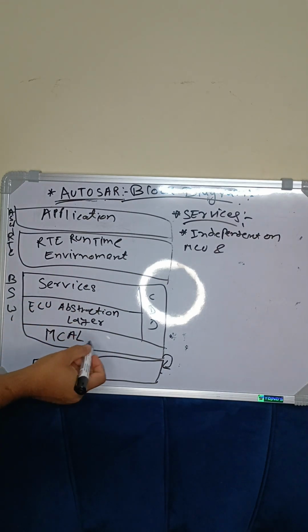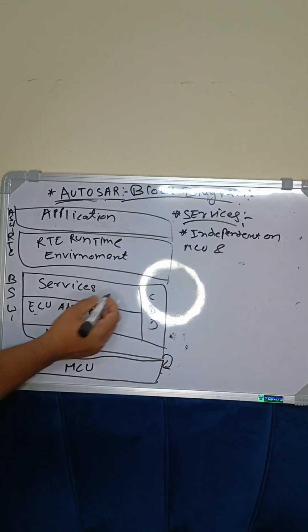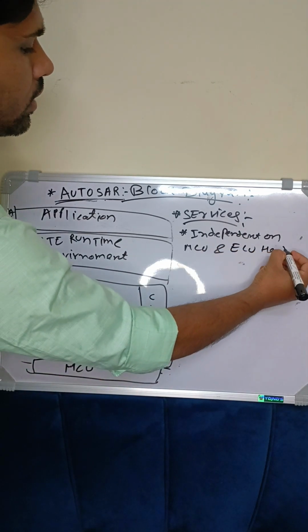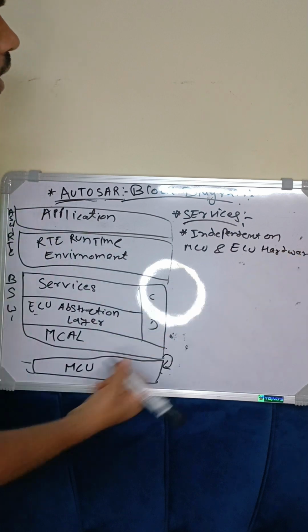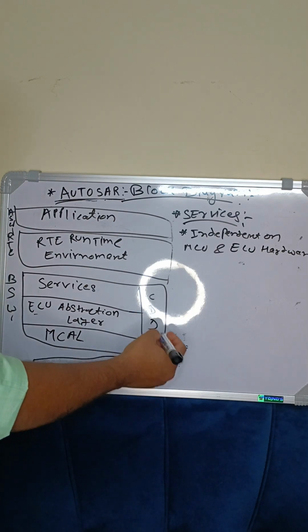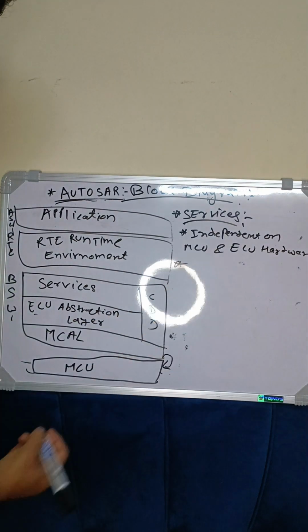It is independent of the MCU and ECU hardware. That's what the services are. So all four containers, the MCAL layer, ECU abstraction layer, CDD and services, come under the BSW, which is one type of software component, the basic software component.